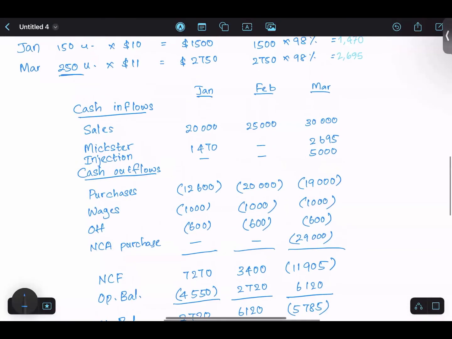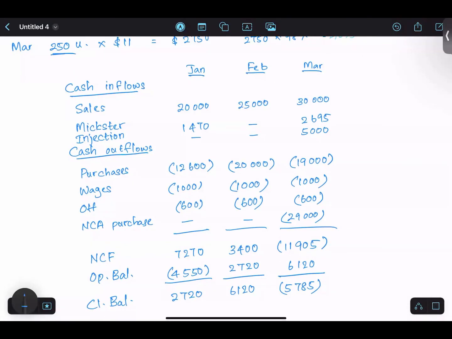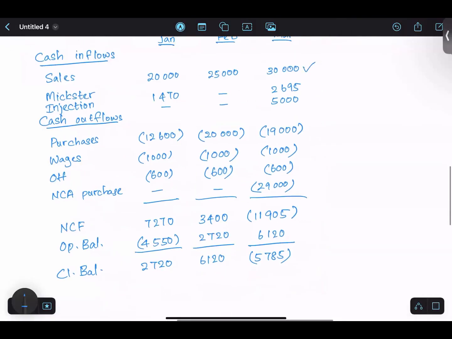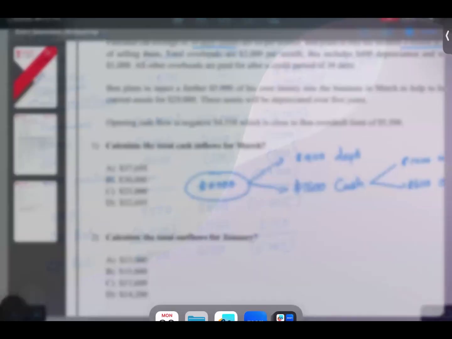In March, you have sales of 30,000, receipts from the mixture, which is 2,695, and an injection of 5,000. So for the month of March, you will have a total cash inflow of 37,695.